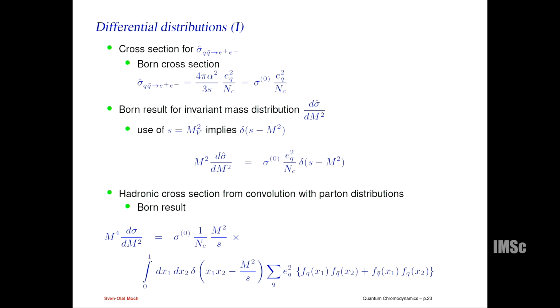And then typically what is being measured is the invariant mass distribution of the gauge boson. We can write the cross-section as a differential with respect to the invariant mass of the gauge boson, and at Born level this is constrained, so the center of mass energy has to match the gauge boson mass, so we just get a delta function.